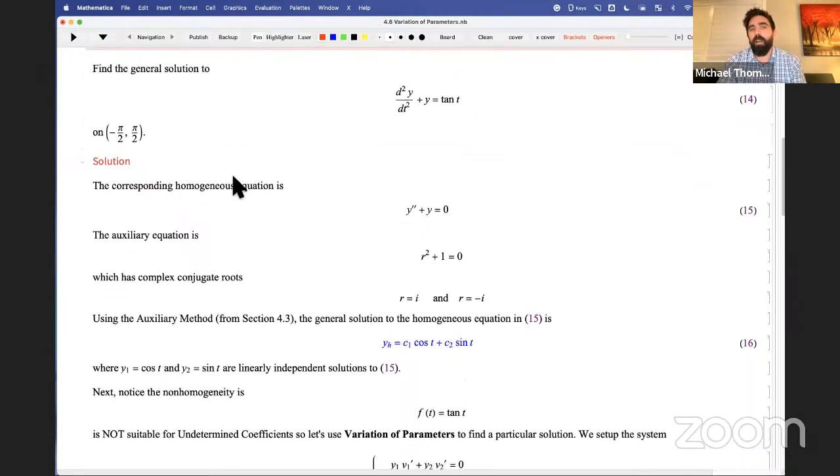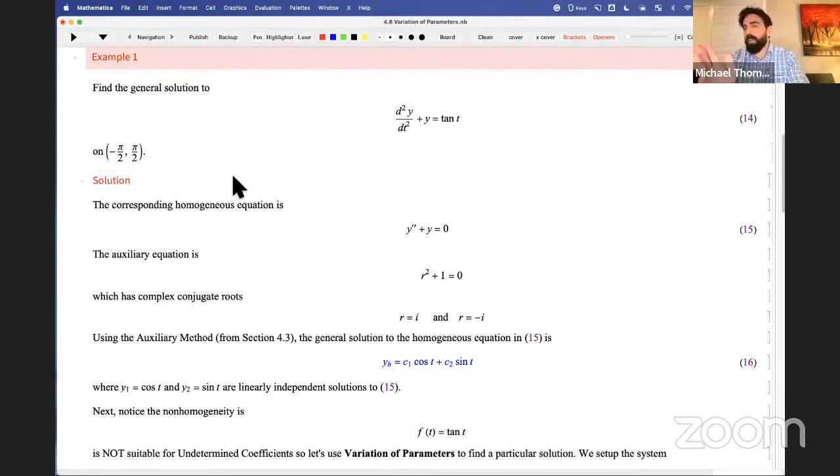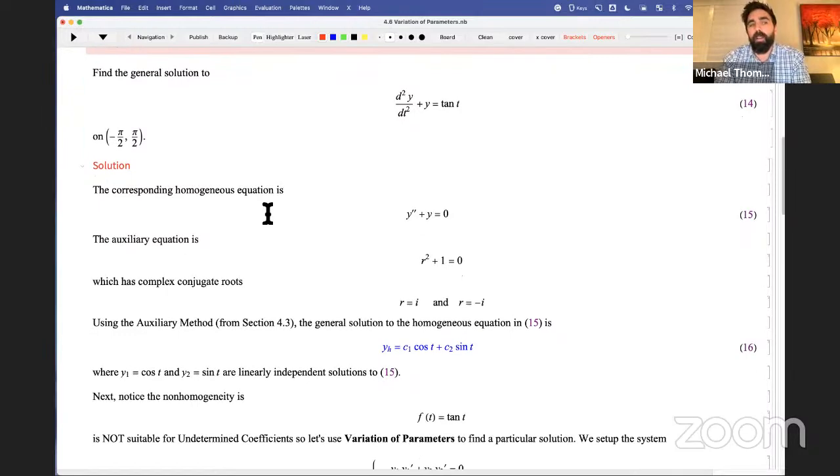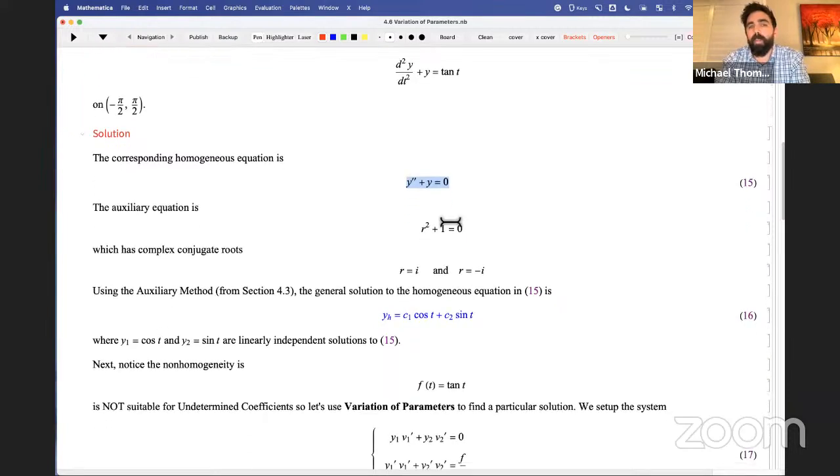So you always start off with the homogeneous case because we're going to need Y1 and Y2. Let's write down the corresponding homogeneous equation. There it is. We'll set up the auxiliary equation and solve it. R equals i and R equals negative i.